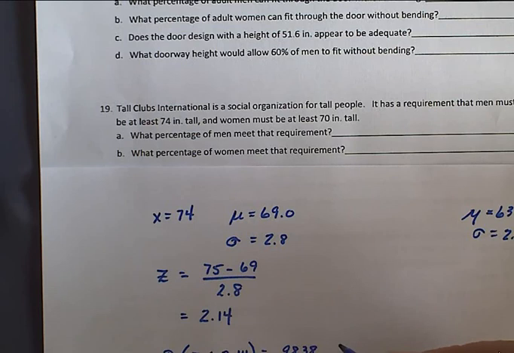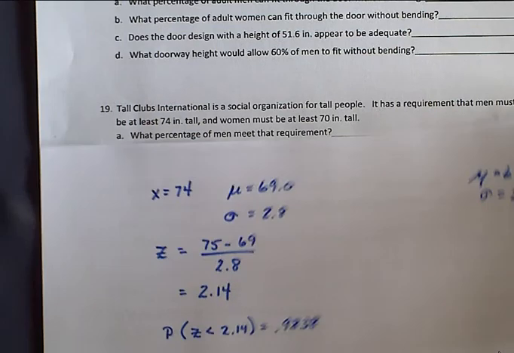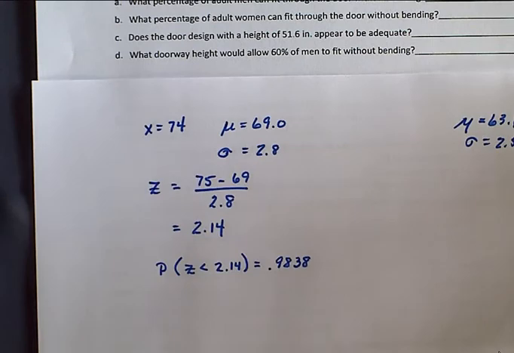Okay, yeah, so 0.9838 is the probability of being less than that.